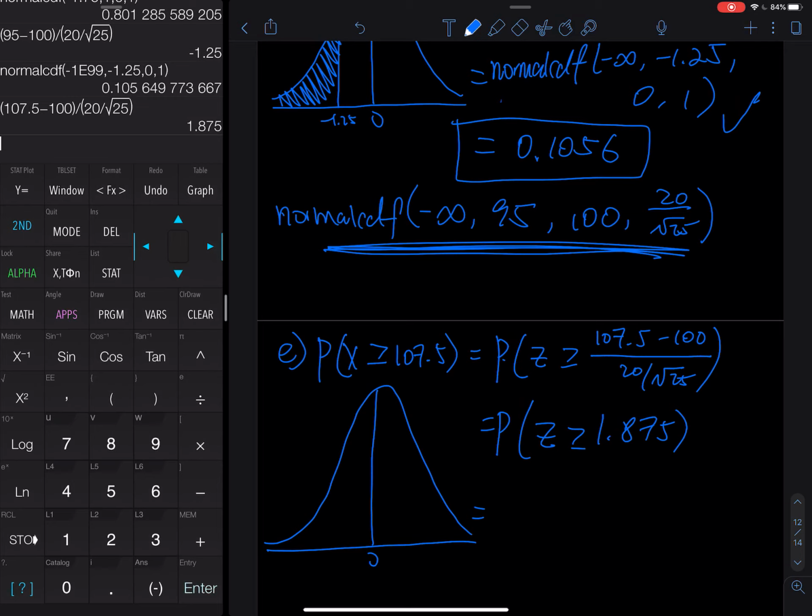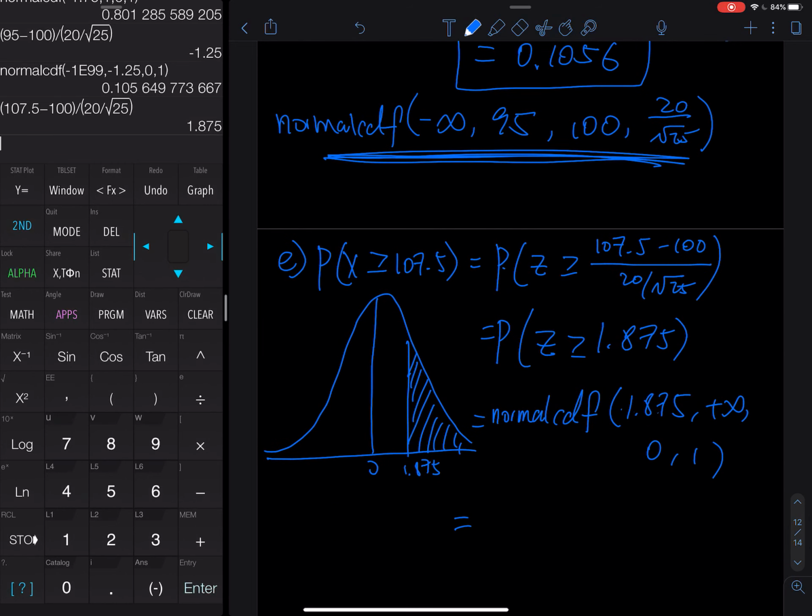0, 1.875, greater than or equal to, so we have a normal CDF from negative infinity, no, that is wrong. From 1.875 to positive infinity, 0, 1. There you go.